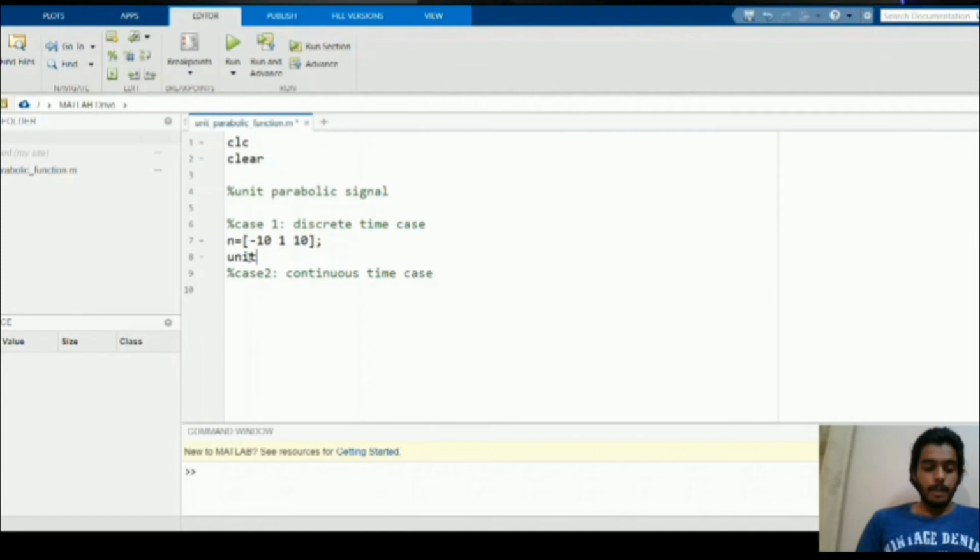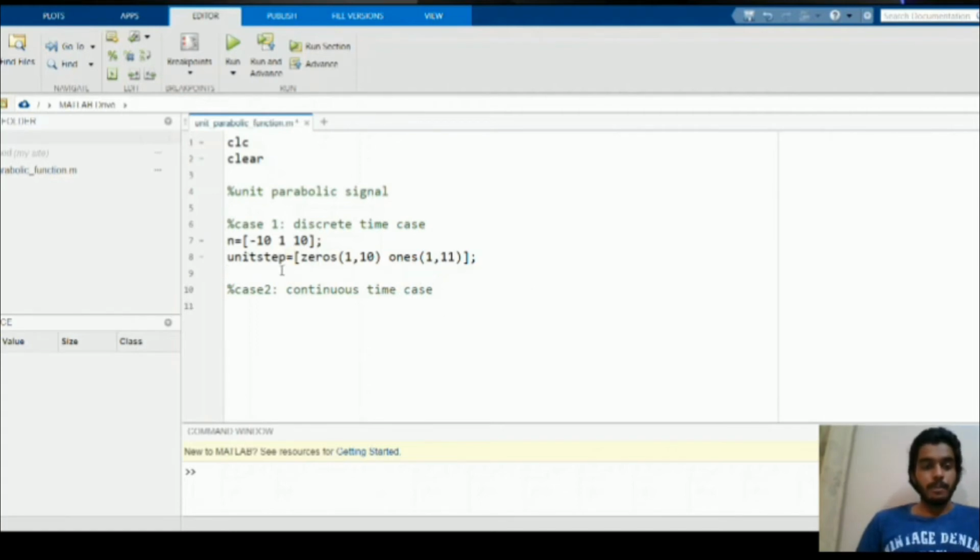I am defining my unit step signal as unit step equals zeros. We need a zero column vector from 1 to 10 and a ones column vector from 1 to 11.